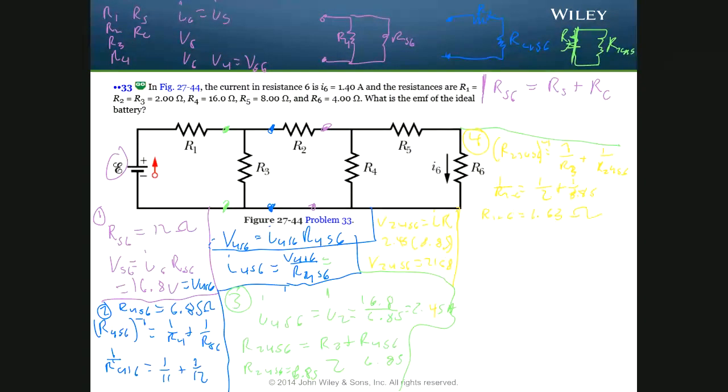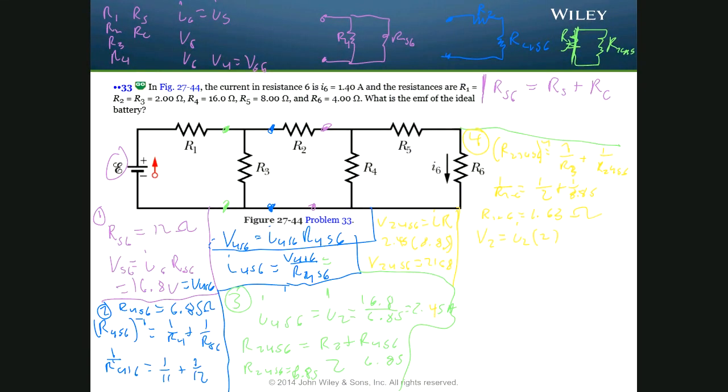So now that we have that, we can also figure out the voltage, which will bring us back here because we want this whole thing. But we can also figure out the voltage on R2, right? Because we know that the voltage on 2 will be equal to I2, which we already know because we can use them interchangeably, times R2, so that's going to be I2 times 2.